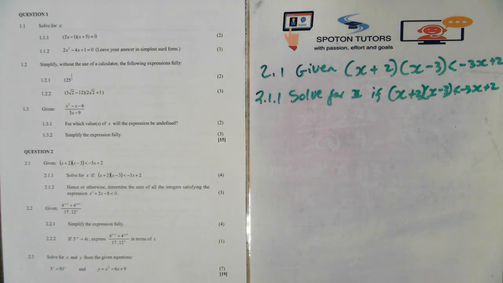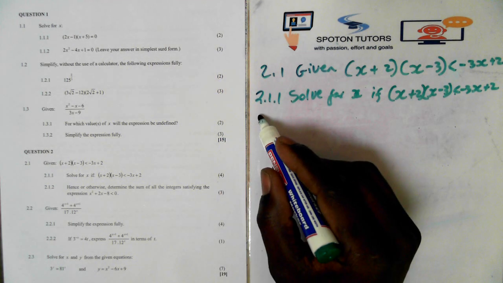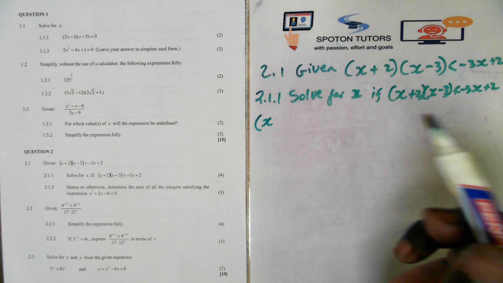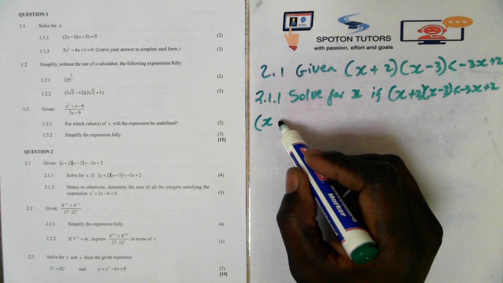Now how are we going to do that? What you must understand here is that this inequality sign, like I always say, treat it as almost your equal sign. In your mind, replace this with an equal sign when doing your solutions. This helps you understand that you can transpose things to the other side.